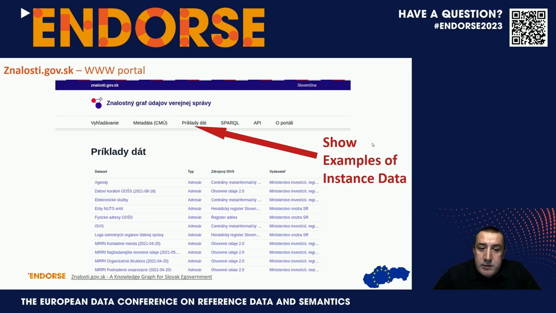And this is very useful in a case when the public authority with its supplier is preparing a project or developing an API that should follow the rules of interoperability. So this is very good and essential.